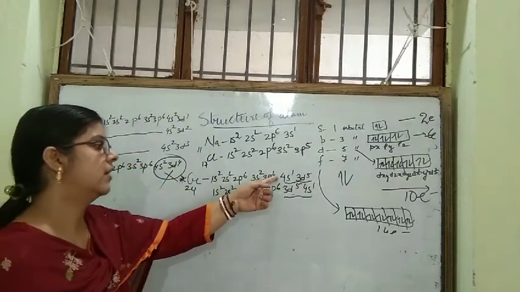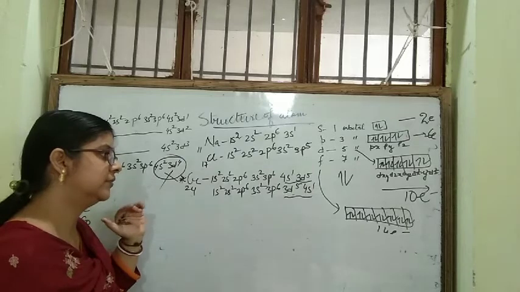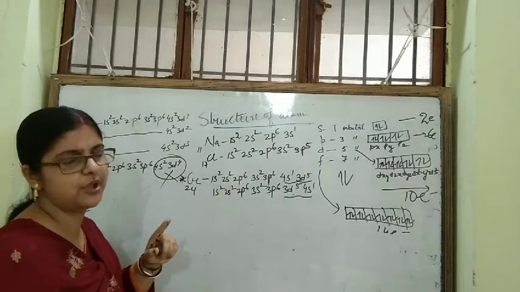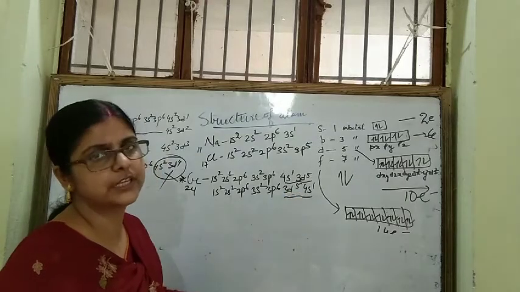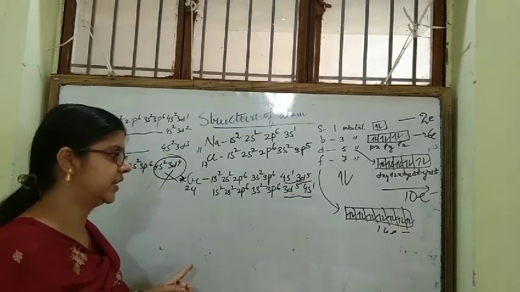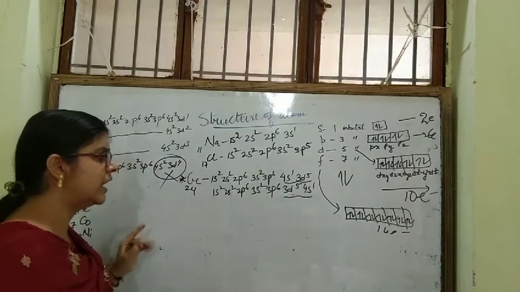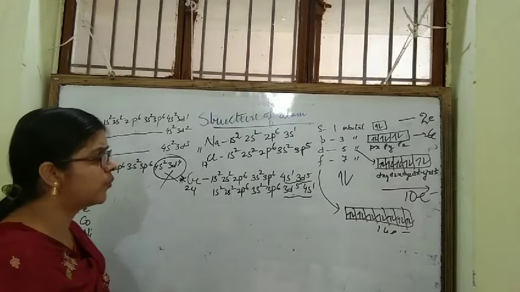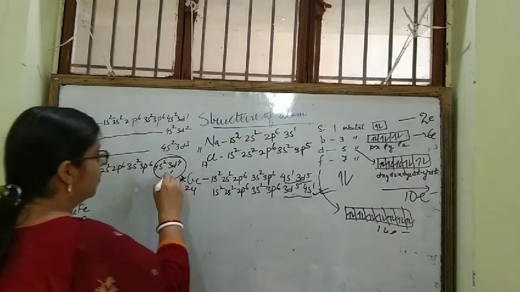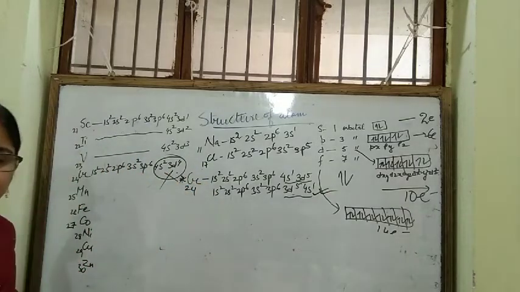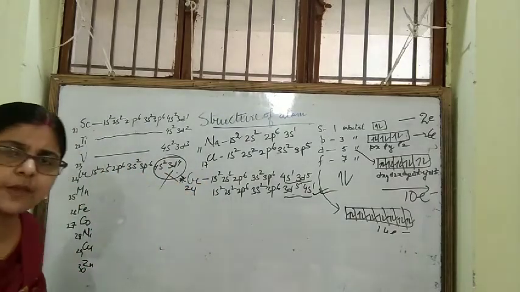This is according to the sequence of the orbitals which you have seen. So I have written, but this is the better way of representing the electronic configuration. Now a question will arise in your mind: why is chromium having such electronic configuration? What is the problem with this configuration? Yes, I am explaining.